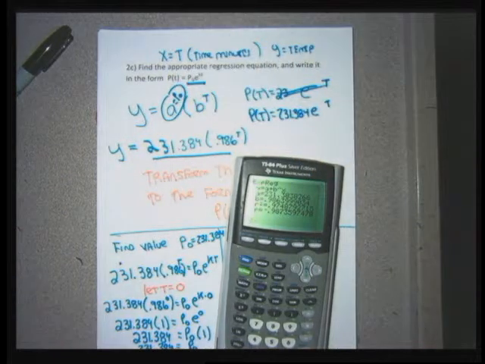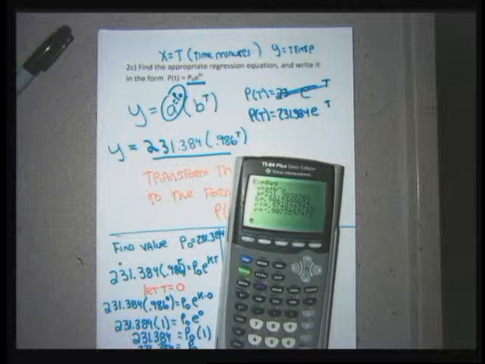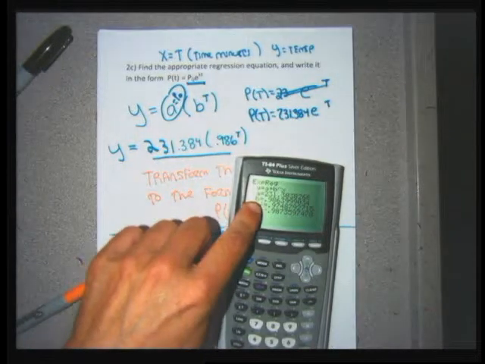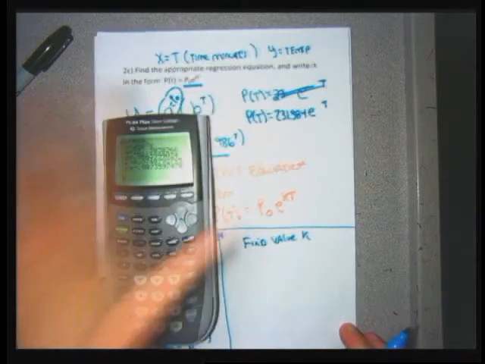It doesn't call it the initial temperature, doesn't call it P sub 0, but that's what it is. The next thing I need to do is get a value for the K, and that's not as easy. The shortcut way to get the value for the K is just to take the natural log of the B. So let me do that real quickly, then I'll show you how to get it.